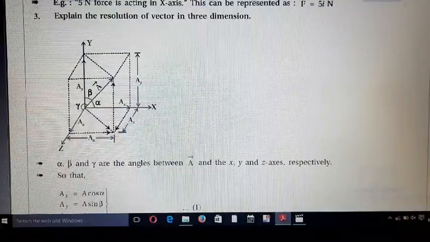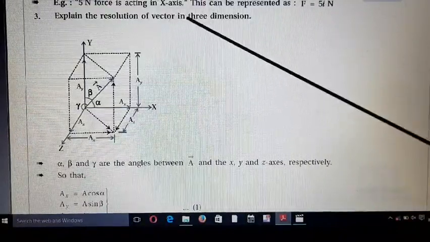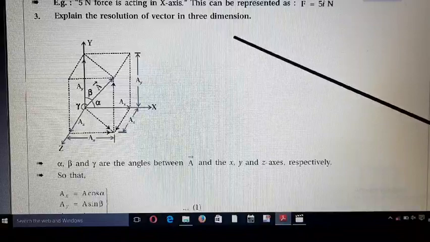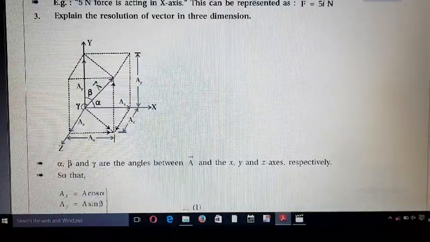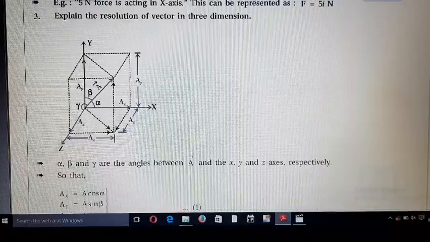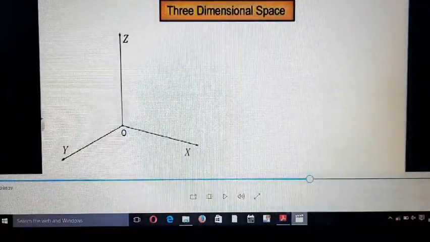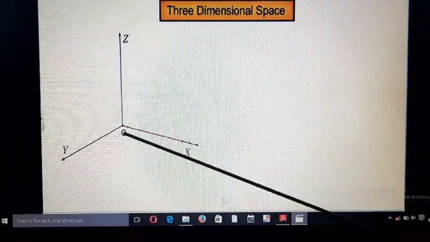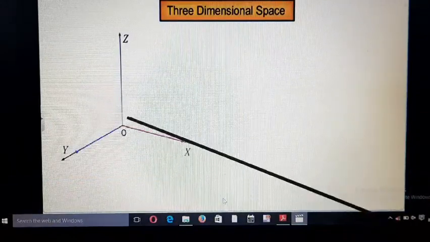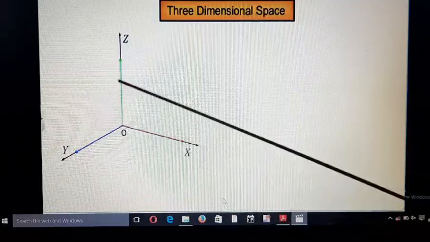Next question is, explain the resolution of a vector in 3 dimensions. Friends, look at this figure. Here O is the origin, this is the x-axis, this is the y-axis and this is the z-axis.